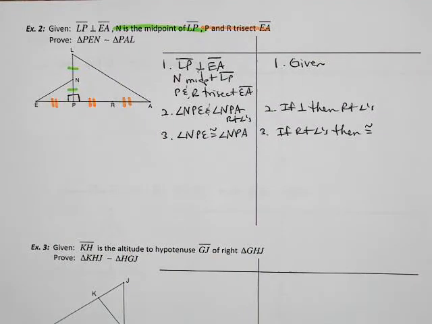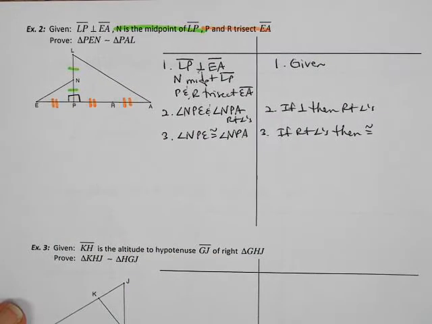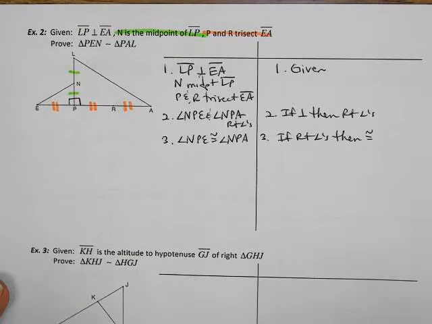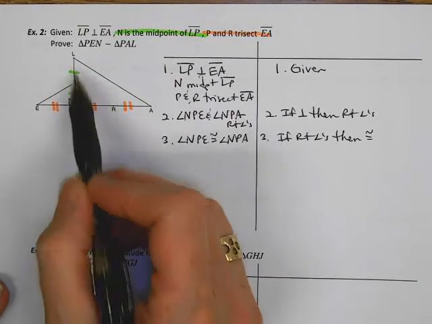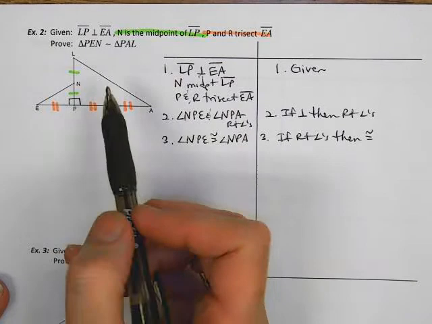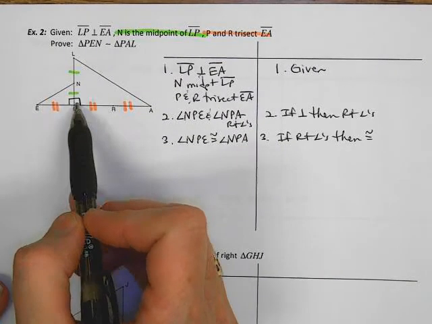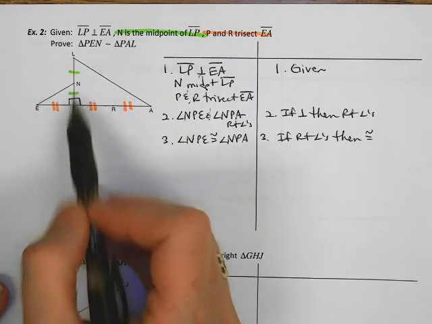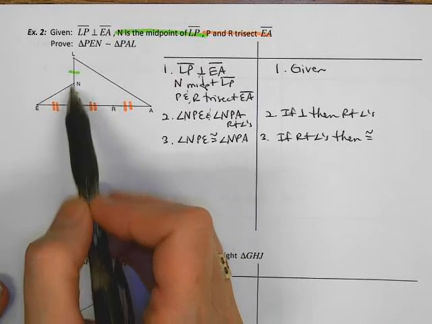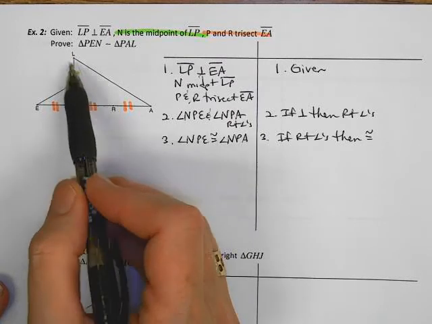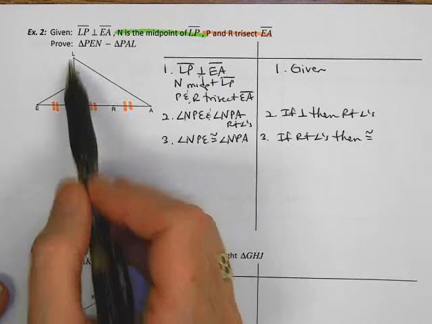So we're not going to write it that way because we want to write it as a proportion. If I'm looking at the little triangle and the big triangle, focus on the green. What's the ratio of NP to LP? NP is one of these green segments. LP is two of these green segments.